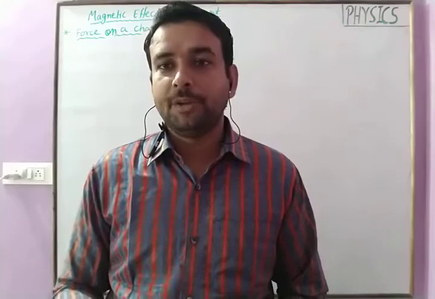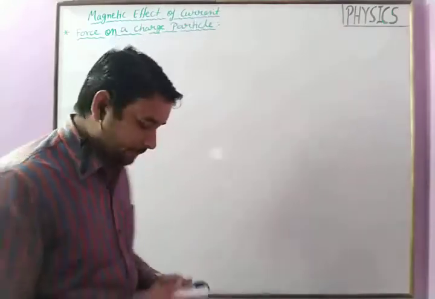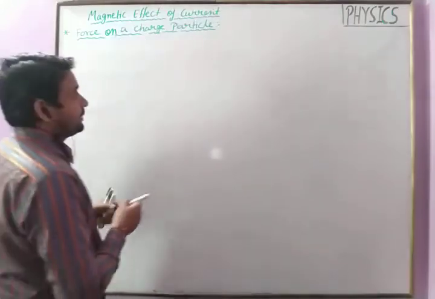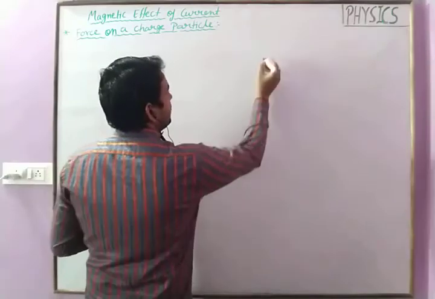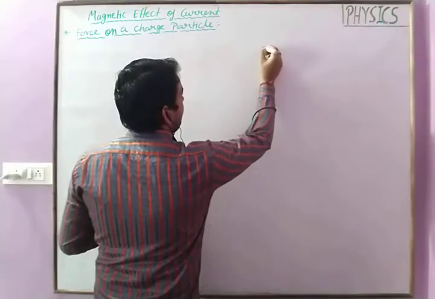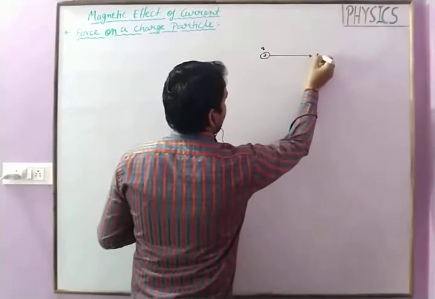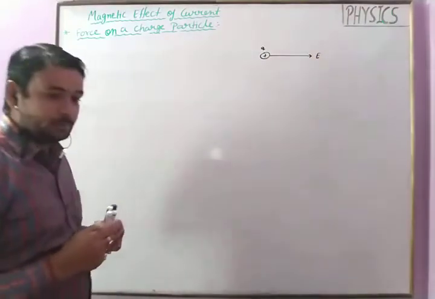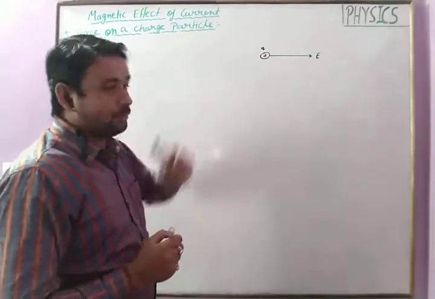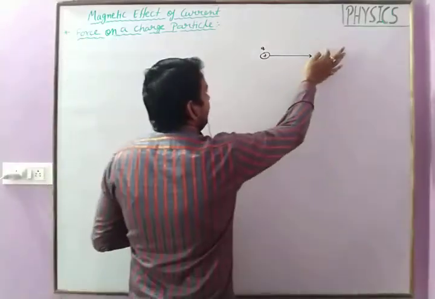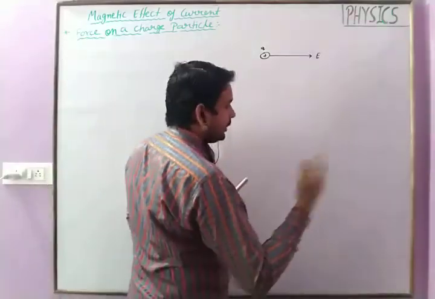recall the previous knowledge that when a charge is placed at a location, it produces an electric field around it, this we all know. And it also applies force on another particle.